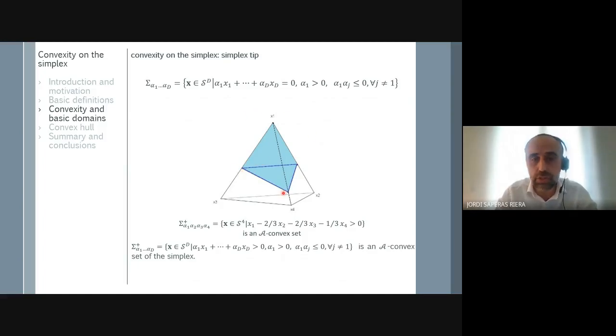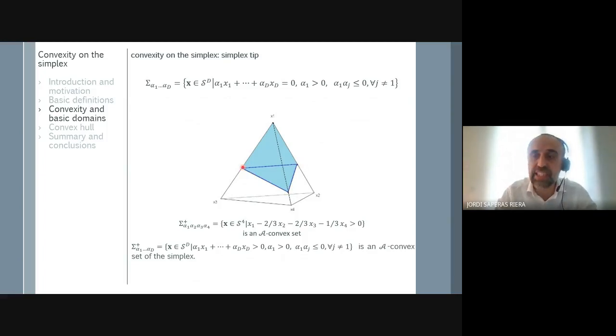This condition, that the hypersurface cuts all the edges that converge at the same vertex, is expressed with this condition, alpha 1, alpha j negative.